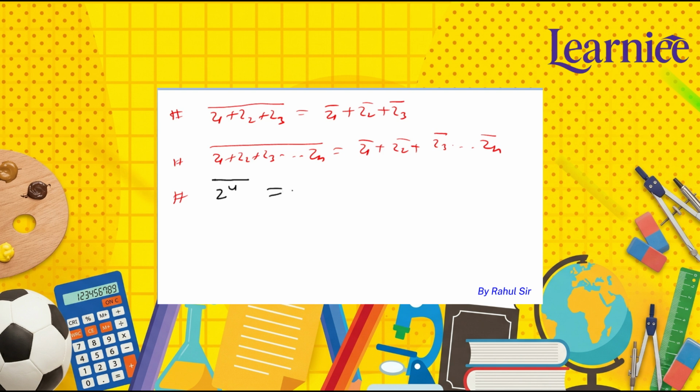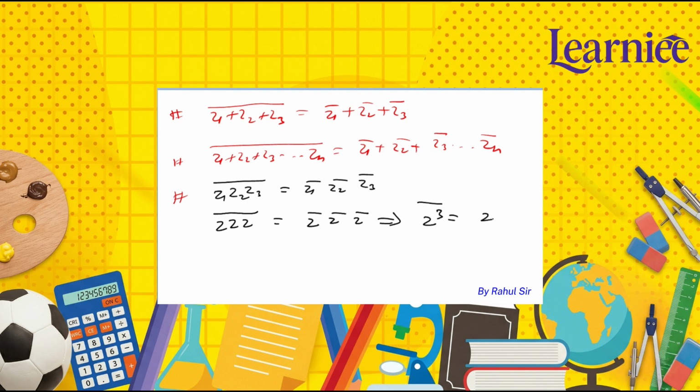Same way, what I mean to say is, we have discussed that the conjugate of z1 z2 z3 is equal to the product of the conjugates of z1, z2, z3. So if they are all equal, I can say z conjugate is equal to z. That means the conjugate of z cube is z conjugate cubed.